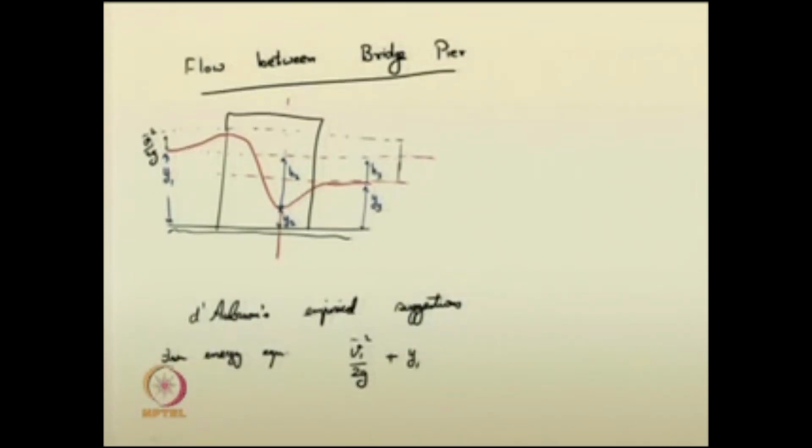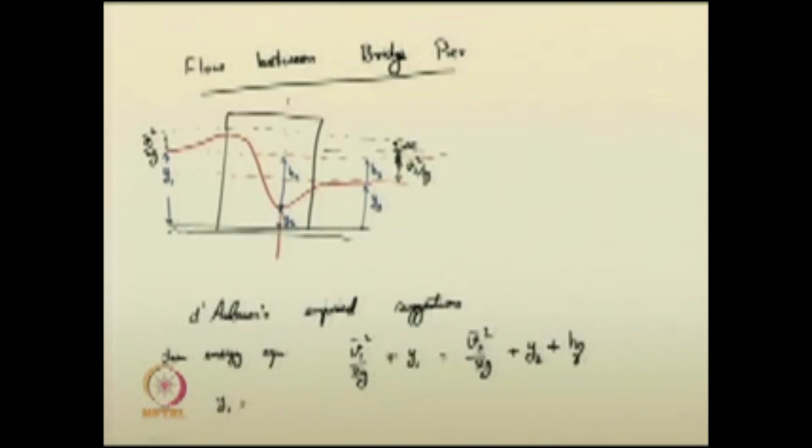Based on that we will suggest a line here, V 2 squared by 2 g, and this is the energy loss del E. So, V 1 squared by 2 g plus y 1 is equal to, between sections 1 1 and 2 2, V 2 squared by 2 g plus y 2 plus h f. You also know that y 1 is nothing but y 2 plus h 2.